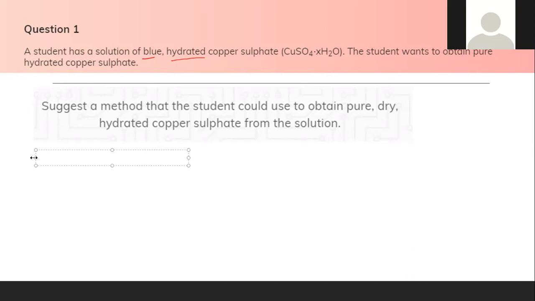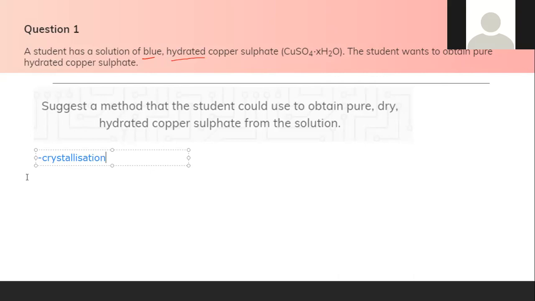It's actually, well, I want to make copper sulfate. We know copper sulfate's a crystal. How am I going to make this? Okay, well, I'm going to use the method crystallization, because we know that is the method that we would use to get those crystals.